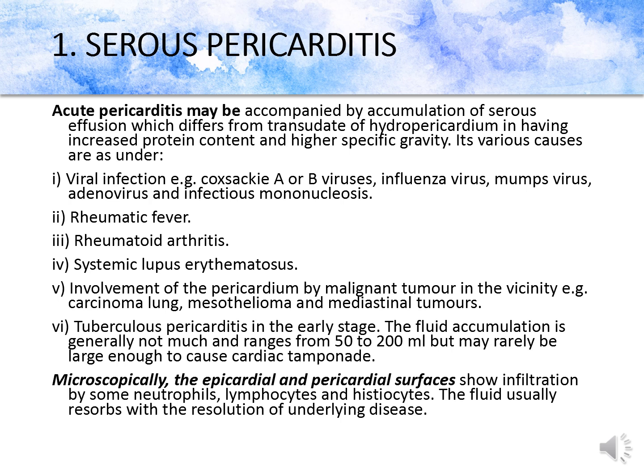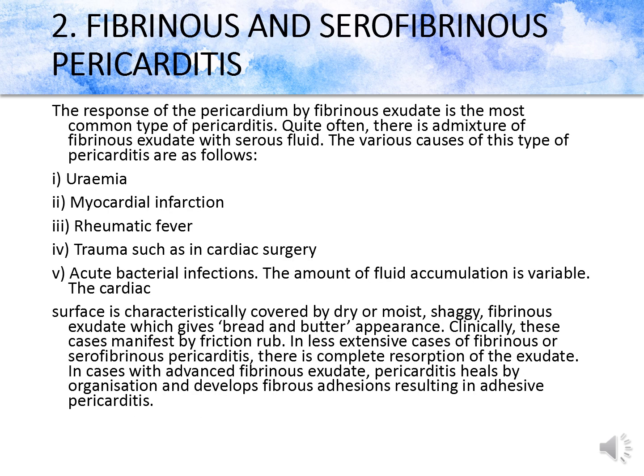Under microscope, we see infiltration by neutrophils, lymphocytes, and other cells. Fibrinous or serofibrinous pericarditis, uremia, myocardial infarction, rheumatic fever, and other pathologies. And we see shaggy fibrinous exudate, which gives bread and butter appearance.